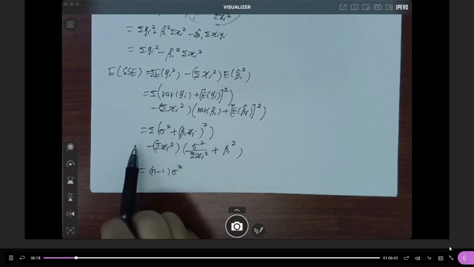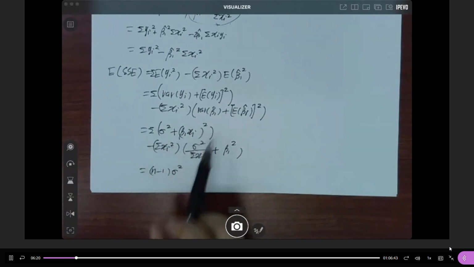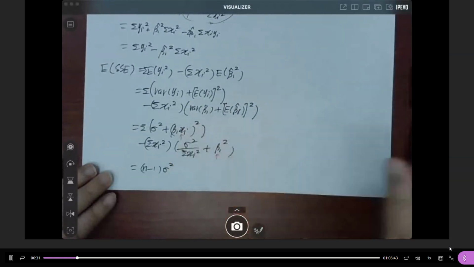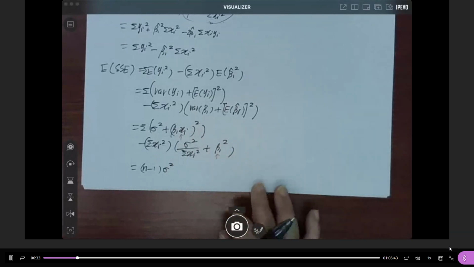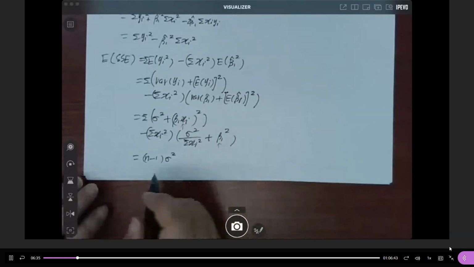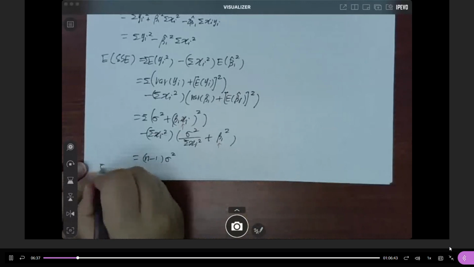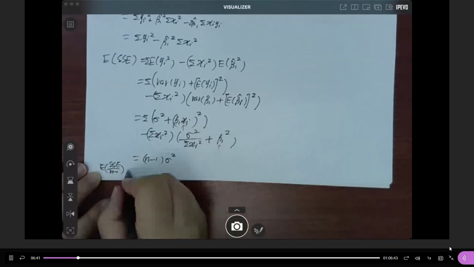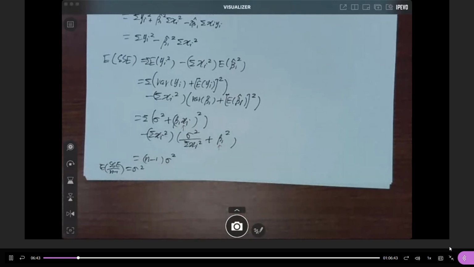So you get the summation of xi squared multiplied by beta 1 squared. So these two also cancel. Now we are just left with this. So basically, E of SSE divided by n minus 1 exactly gives you sigma squared. It's done. Proof is done.